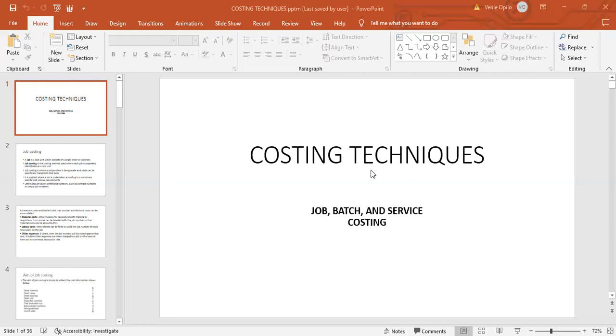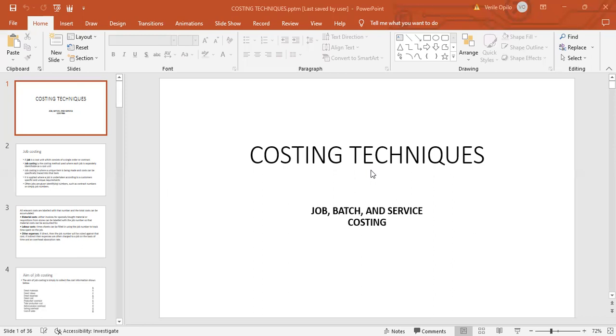If, for example, you are a service company, then you will be utilizing what we call service costing techniques. If you are a company that is providing a unique product for every customer that comes in to your business, and you're custom making this product specifically to meet the requirements of a client, then in such a case, you will be using job costing techniques.